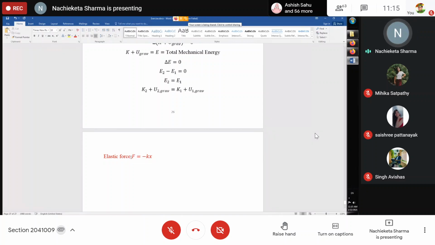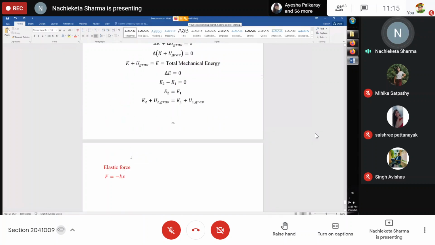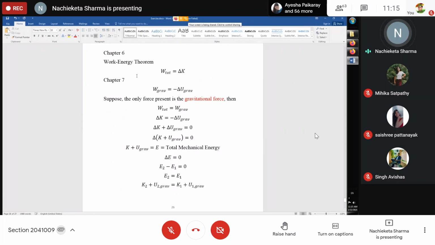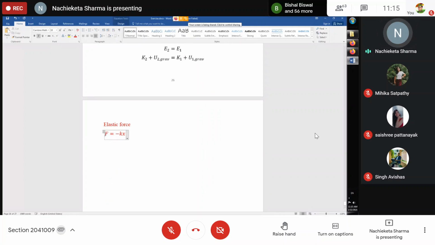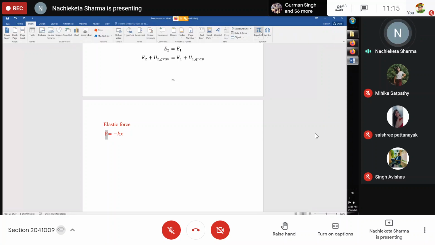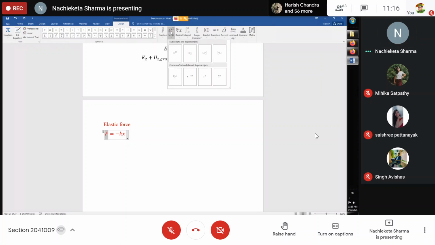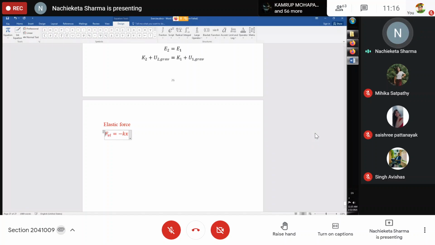So this elastic force is a variable force. But here, when we are dealing with the gravitational force, that force is a constant force, isn't it? I can put a symbol and write it as F elastic is equal to minus Kx.